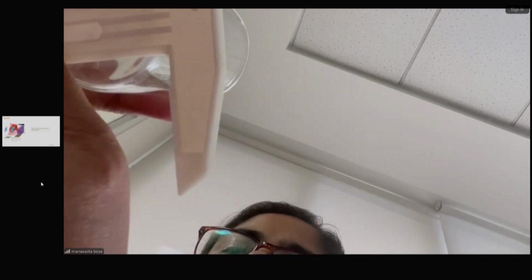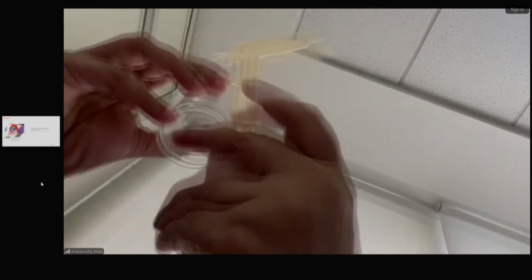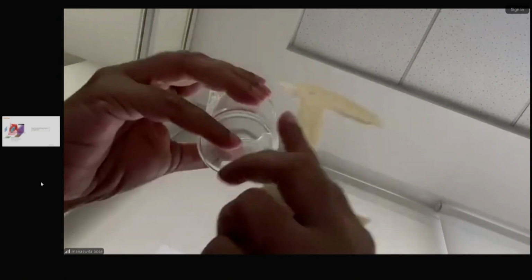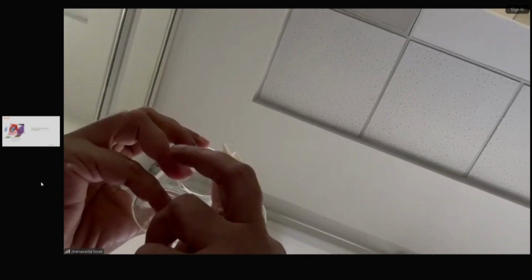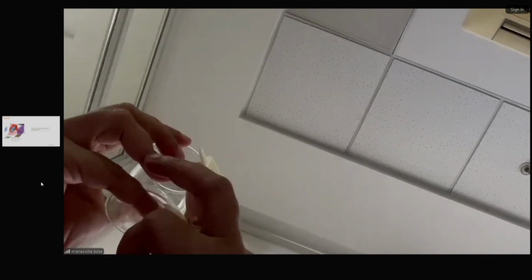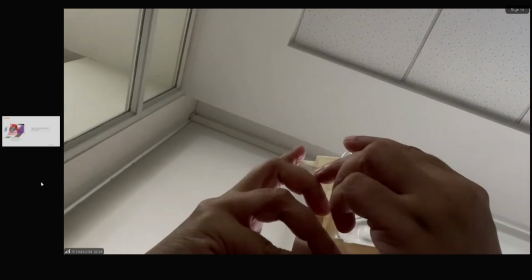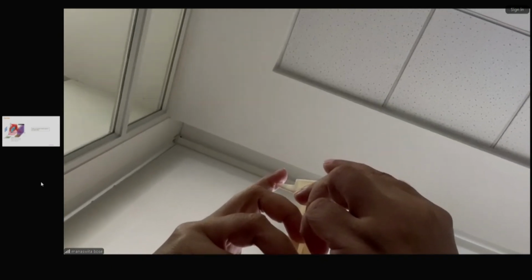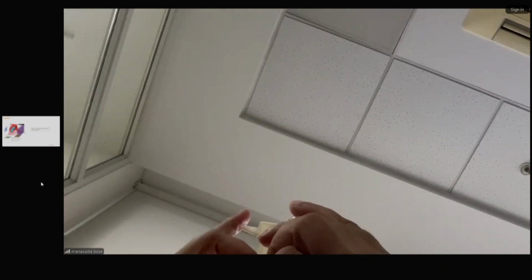Its height, each graduation is roughly about 10 mm, so it's about 50 mm.